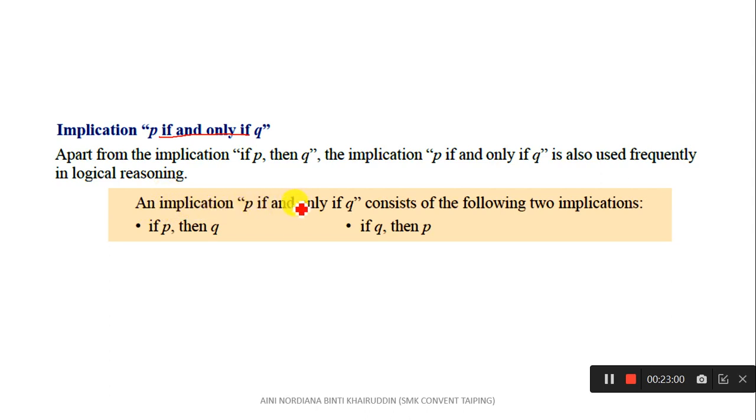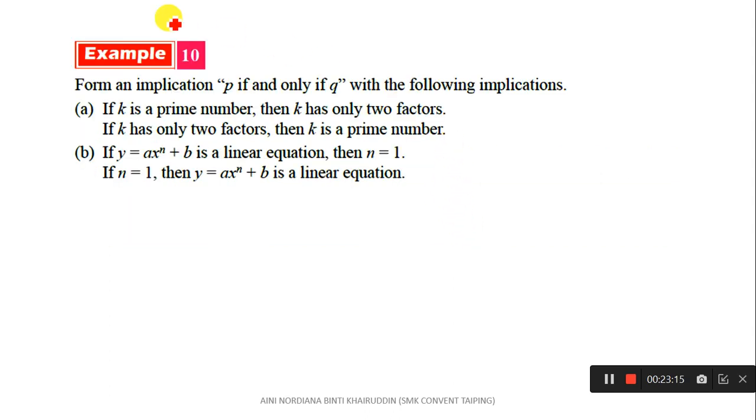An implication P if and only if Q consists of the following two implications: if P then Q, if Q then P. Okay, for more detail, look at this example. Form an implication P if and only if Q with the following implications.